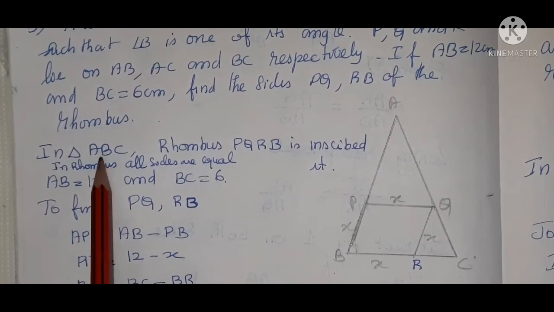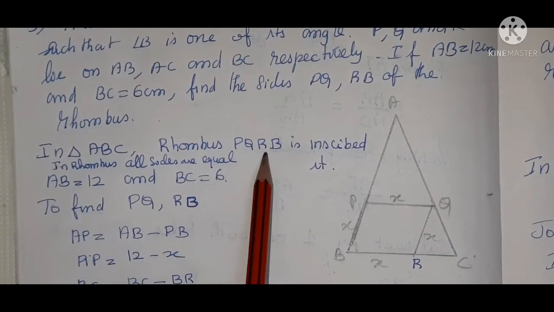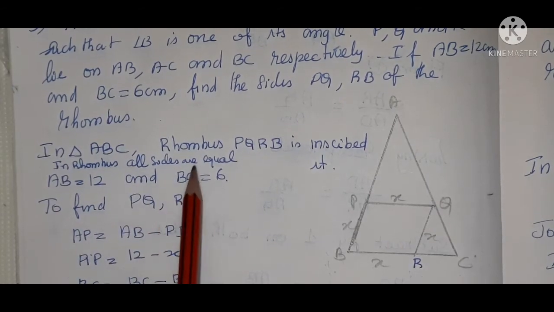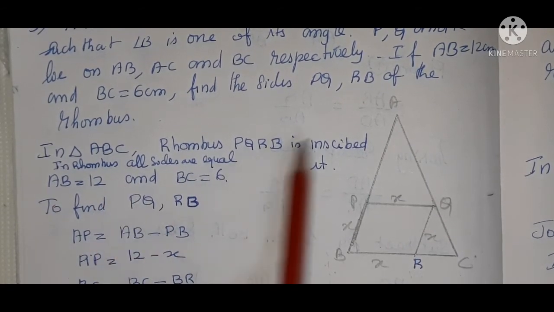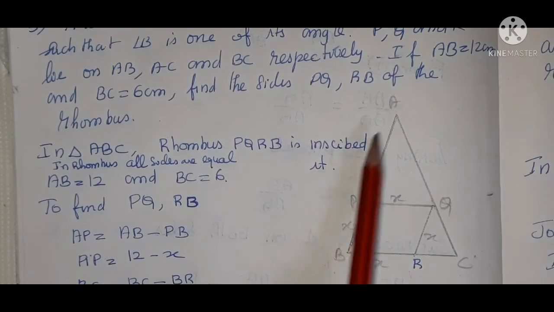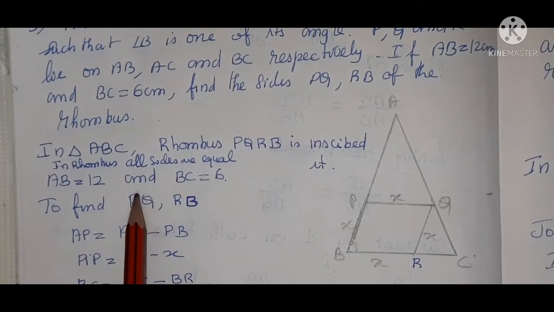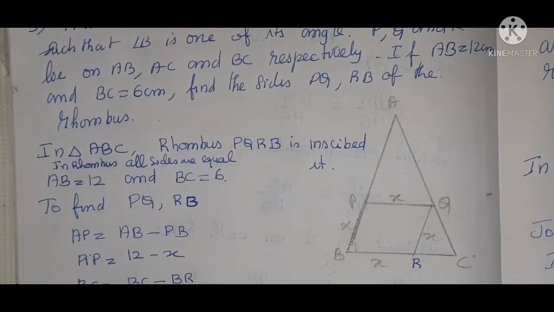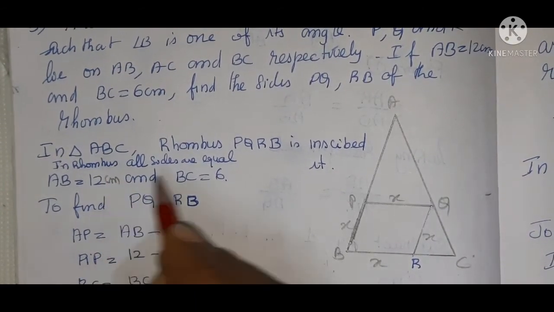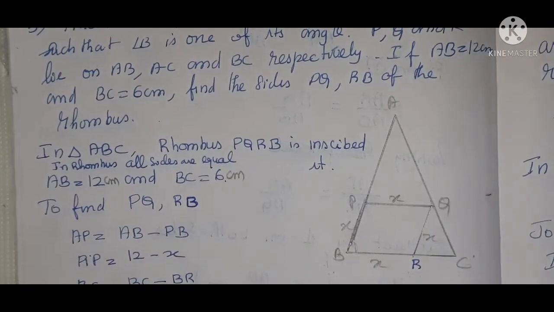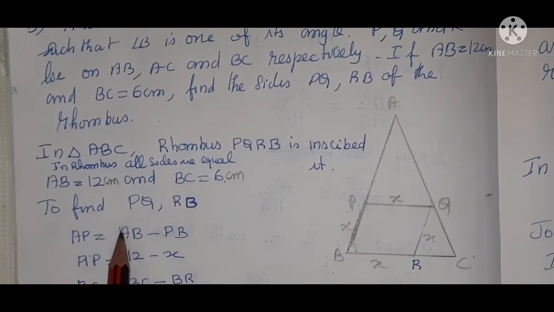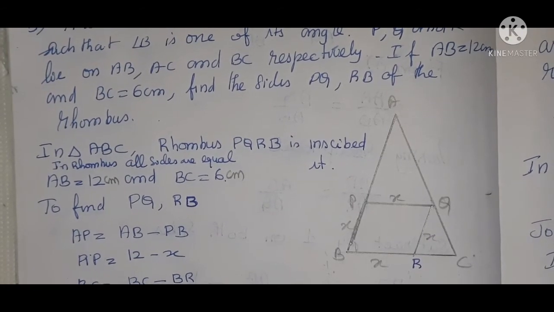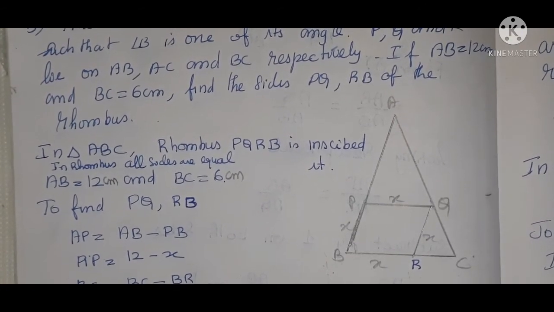In triangle ABC, rhombus is inscribed in it. In a rhombus, all sides are equal. The side AB is 12 cm in the triangle and BC is 6 cm. To find the side of the rhombus.